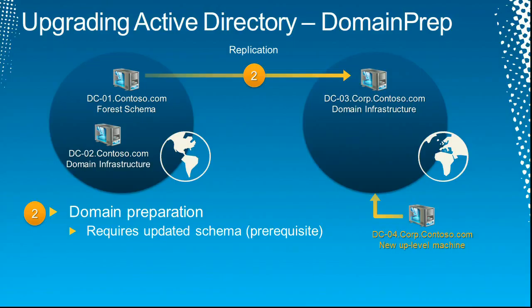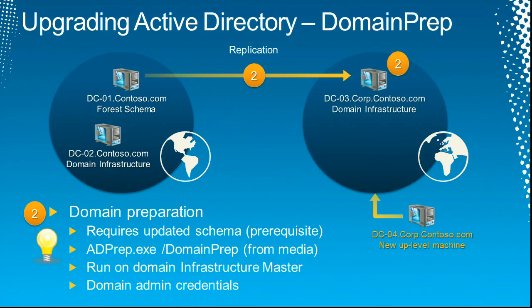But one thing that you need to have in mind is that before you run domain prep, that infrastructure master needs to have all the changes that the schema master had when you ran forest prep. So you want to force a replication process between those two domain controllers before you run domain prep. Now, you run AD-Prep.exe domain prep, again from the media, and you will need domain admin credentials to run this operation.